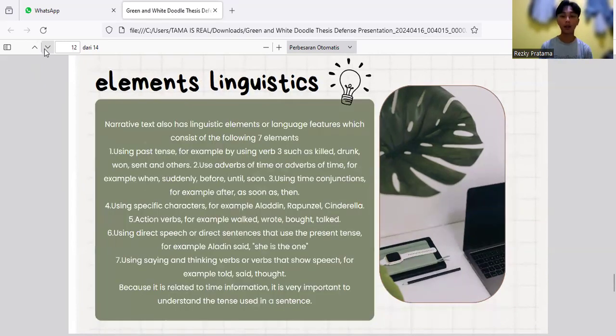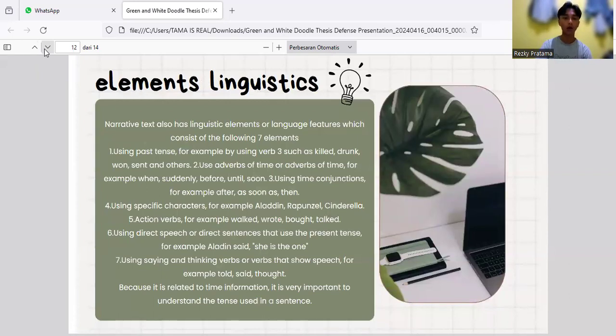Next, about linguistic elements in narrative text. Narrative text also has linguistic elements or language features which consist of the following seven elements. Number one, using past tense, for example by using verb three, such as killed, drunk, won, said, and the others. Number two, use adverbs of time or adverbs of place.